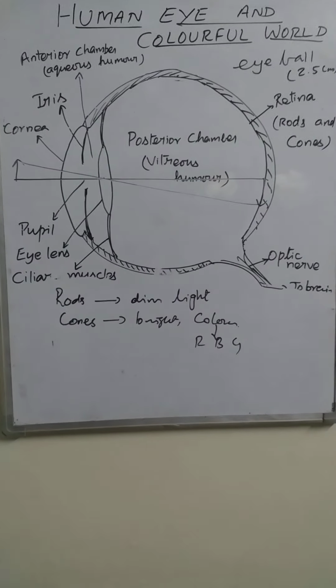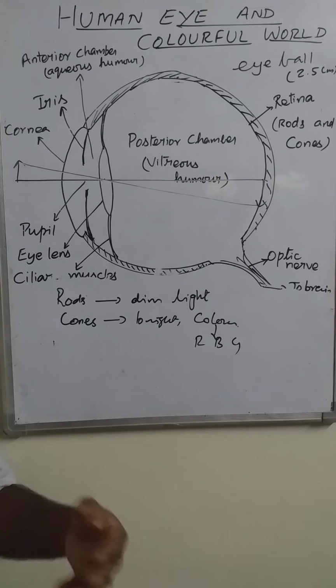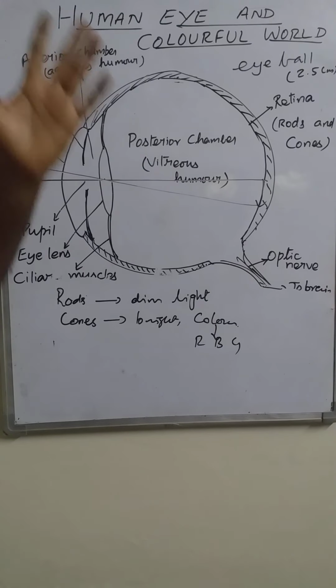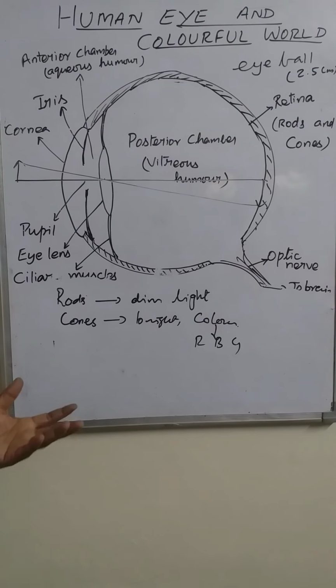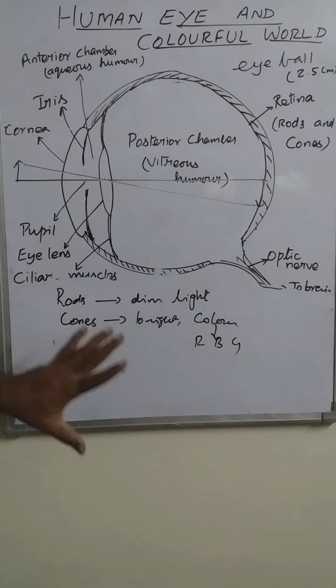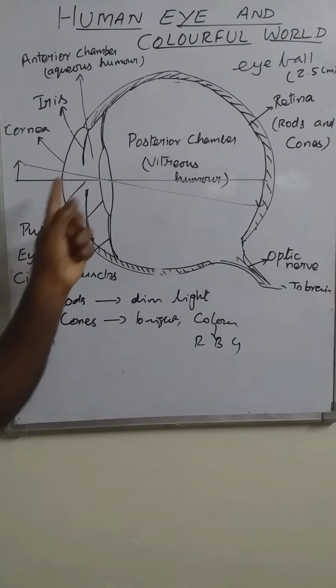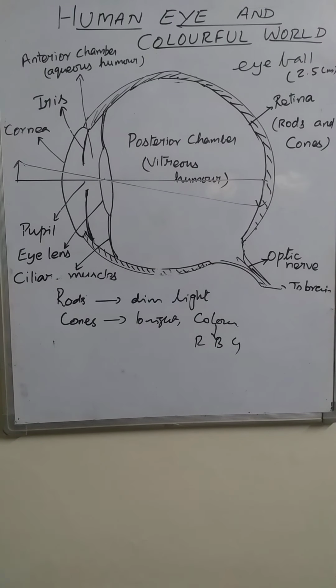In the lens, those defects are known as refractive defects, because the defects are taking place in the eye lens. When a defect takes place in the eye lens, the vision will be affected.